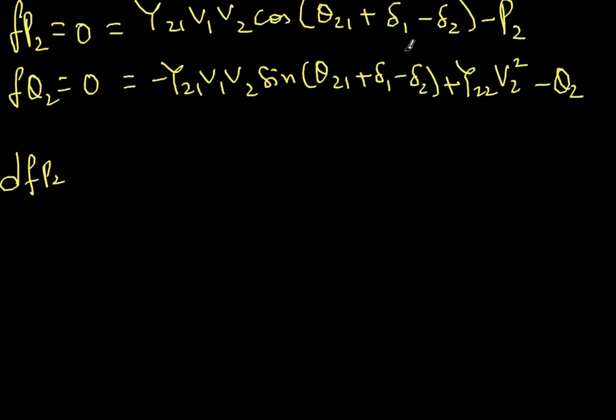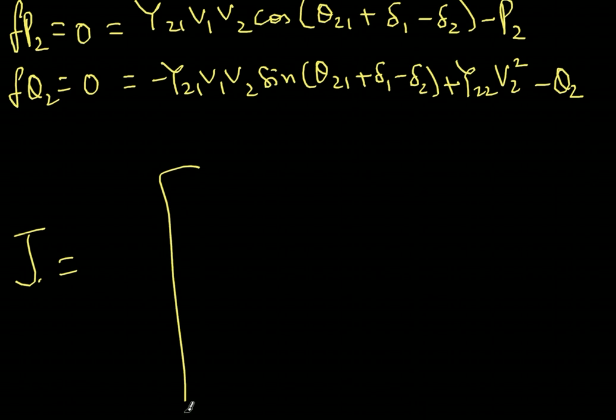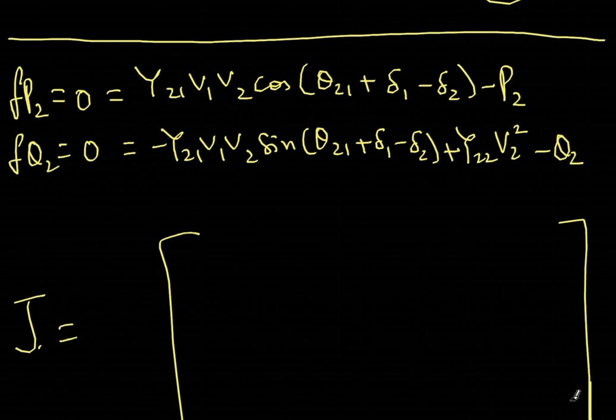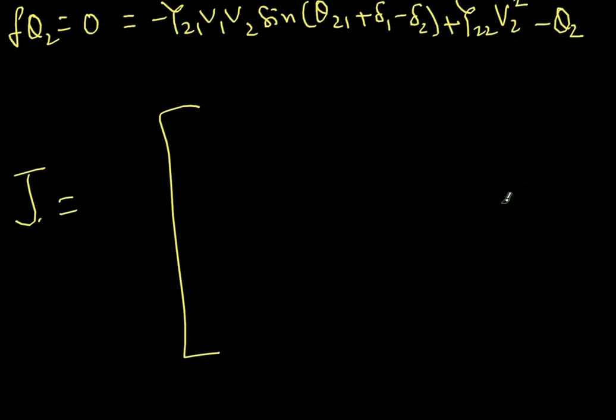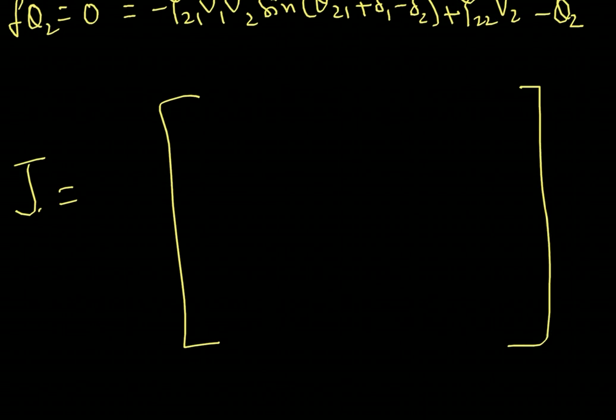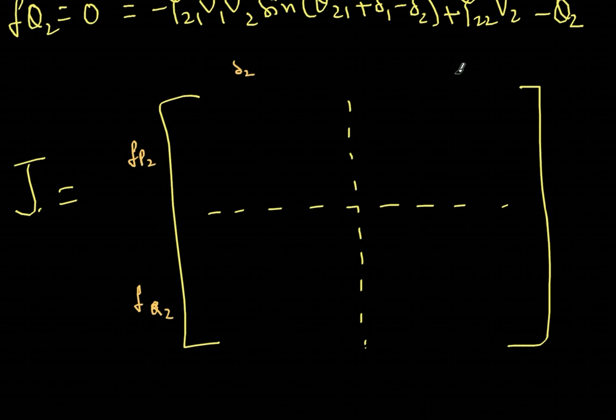Now there are two variables and I have two functions. So this is called my Jacobian matrix. The functions are function P2 and function Q2, and the variables are delta 2 and V2.